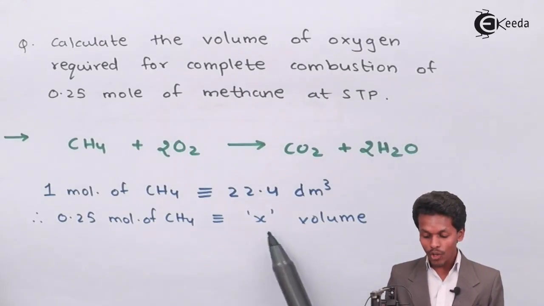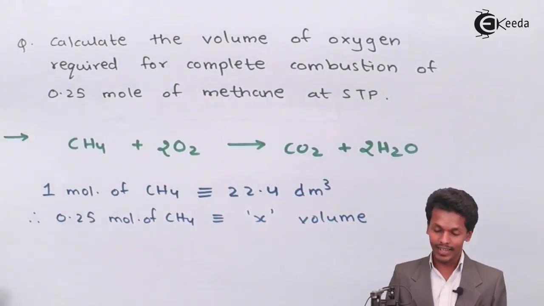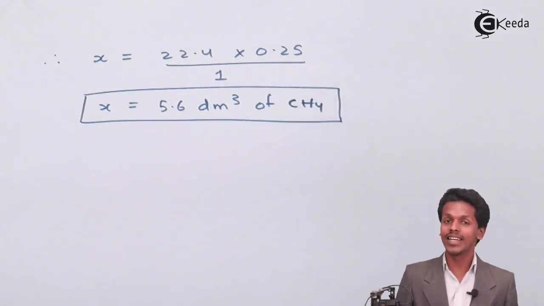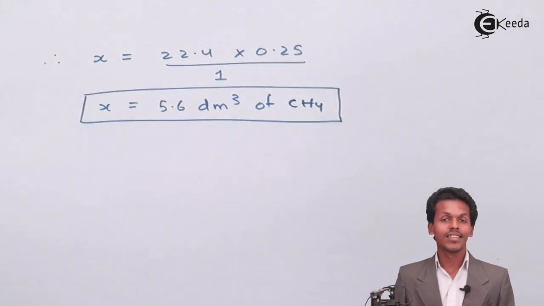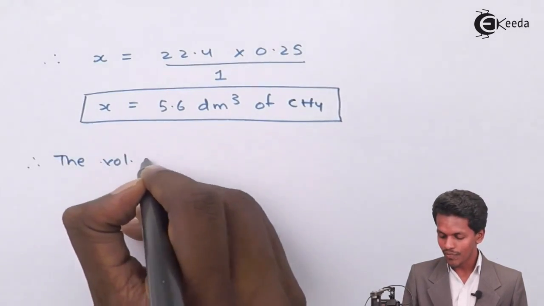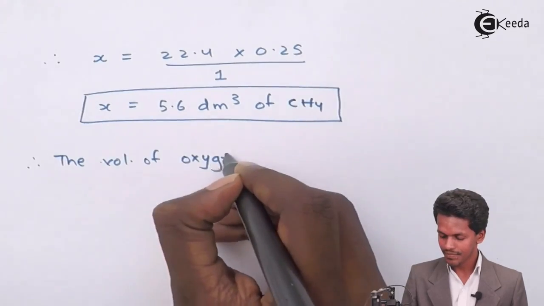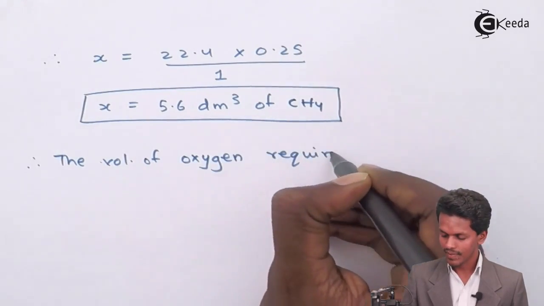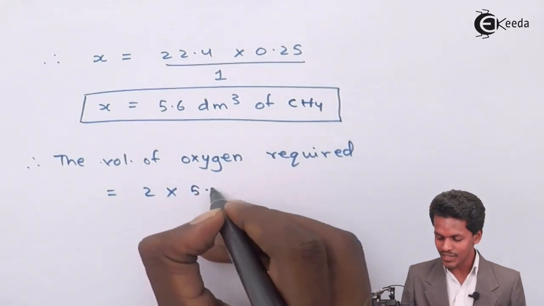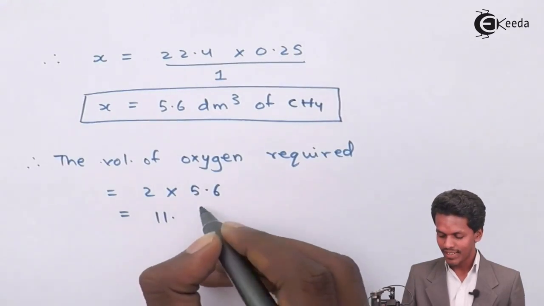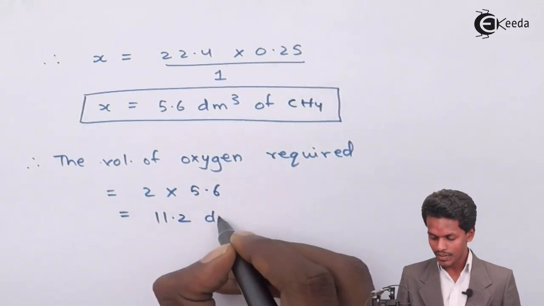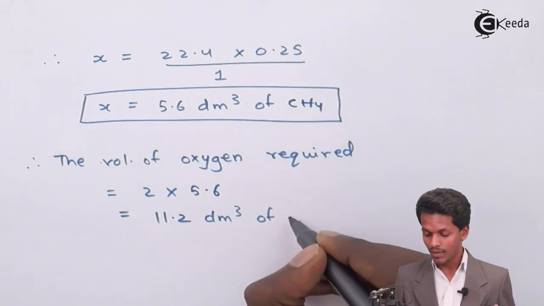So if the volume of the methane we have calculated is 5.6 dm cube, the volume of oxygen required will be double that. So the volume of oxygen required will be 2 times that of the methane, that is 2 into 5.6. This will give you 11.2 dm cube of oxygen.